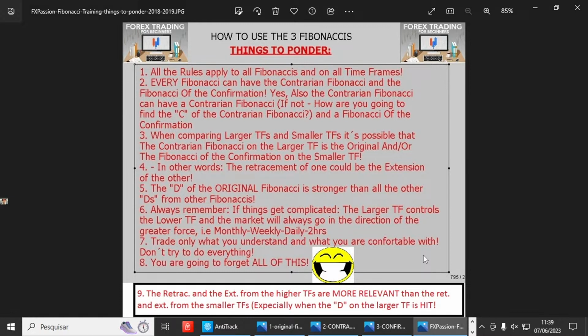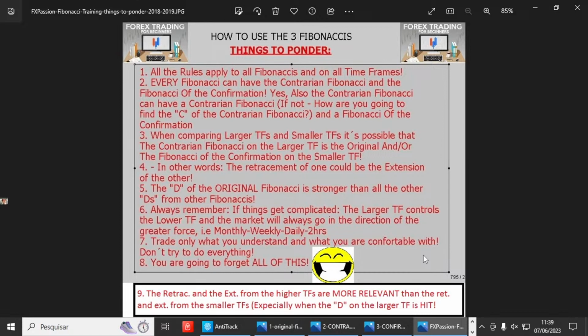If not, how are you going to find the C of the contrarian Fibonacci? Number 3, when comparing larger time frames and smaller time frames, it is possible that the contrarian Fibonacci on the larger time frame is the original and/or the Fibonacci of the confirmation on the smaller time frame. Number 4, in other words, the retracement of one could be the extension of the other.